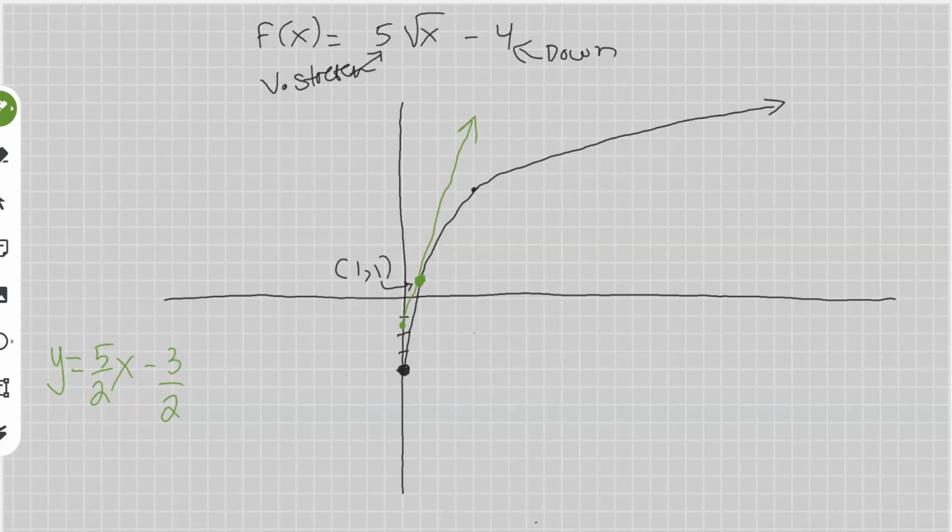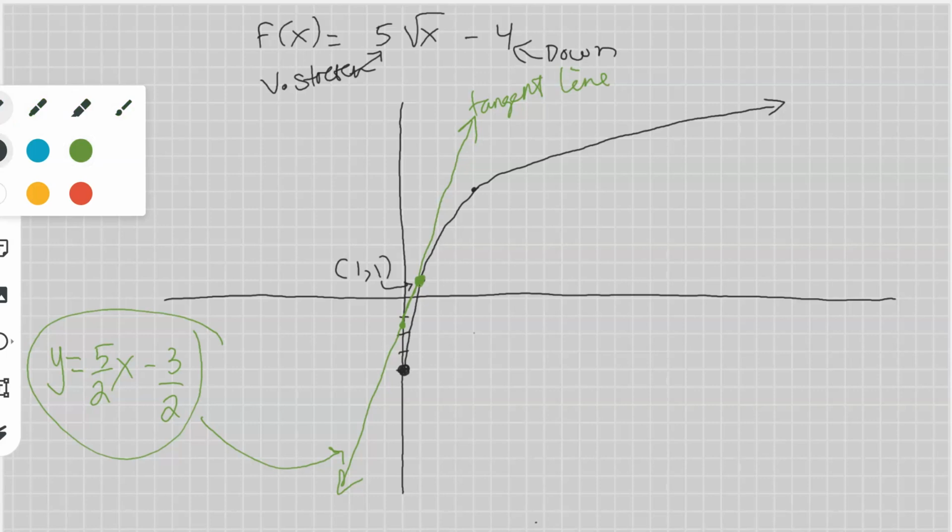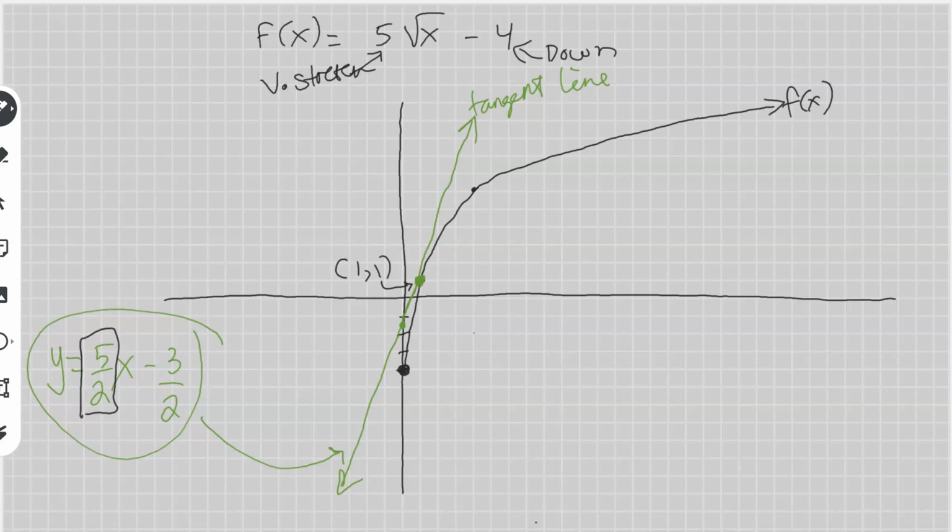That tangent line right there is this equation here. That's the tangent line. Okay, and this right here is the function f of x, and the slope of that line, 5 over 2, is the derivative evaluated at 1. Okay, there we go. That's graphically how things work in terms of the derivative of a function and its tangent line.